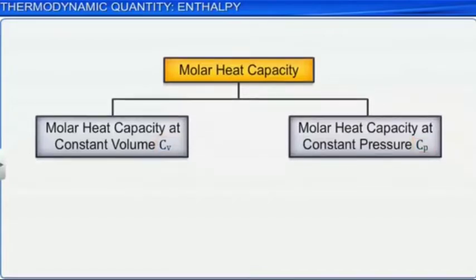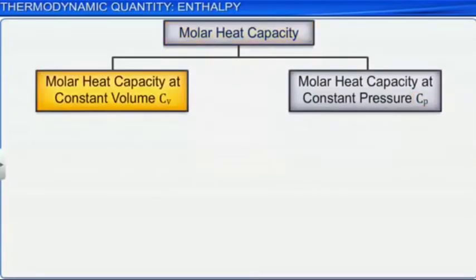We learnt that the equation for heat Q is the product of heat capacity and change in temperature delta T. Therefore, at constant volume, heat Qv equals the product of heat capacity at constant volume Cv and change in temperature delta T. But the heat absorbed at constant volume is equal to the change in internal energy.